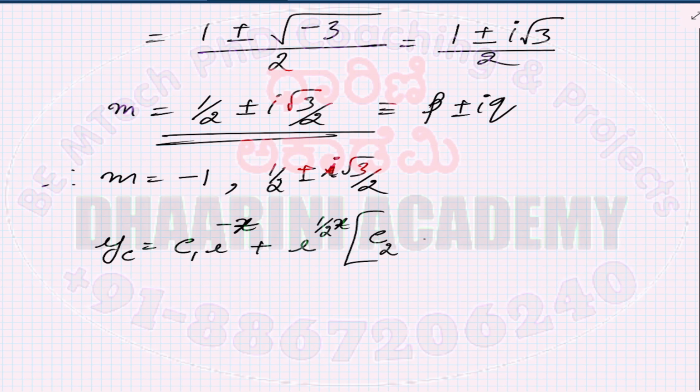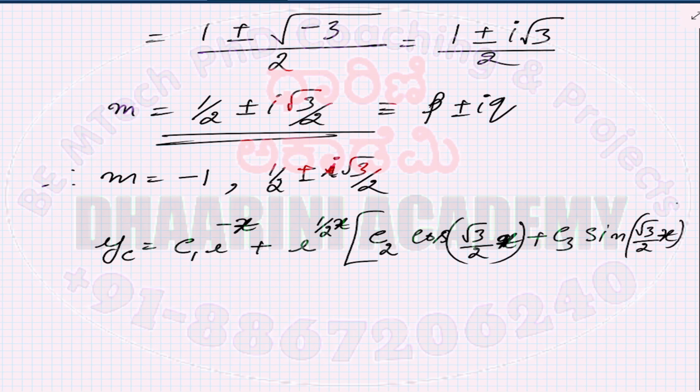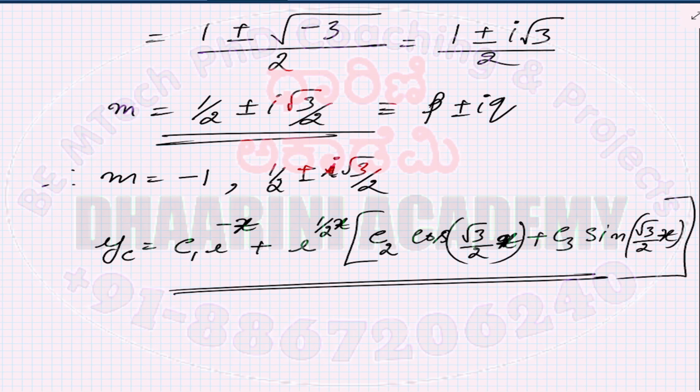C1 is already used, I use C2. C2 into cos qx. What is q? Root 3 by 2 into x. Plus another constant C3 into sine of root 3 by 2 into x. So this is the final answer. So refer to the table and get back to the answer.